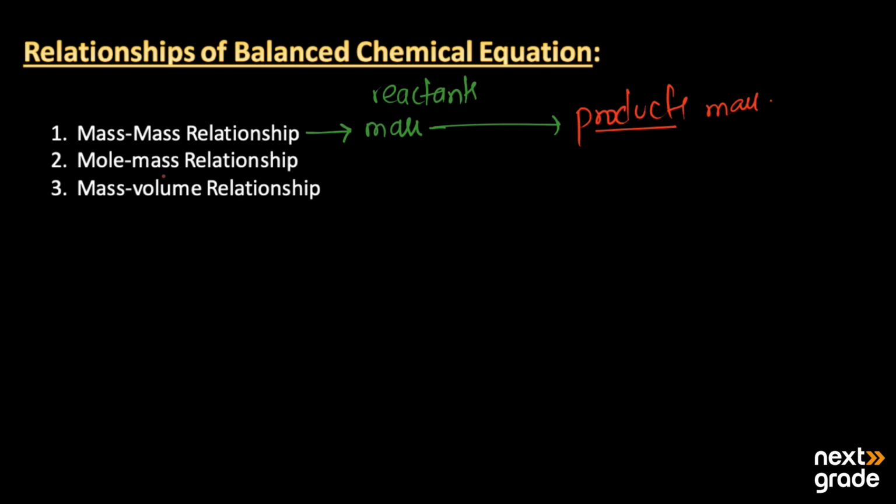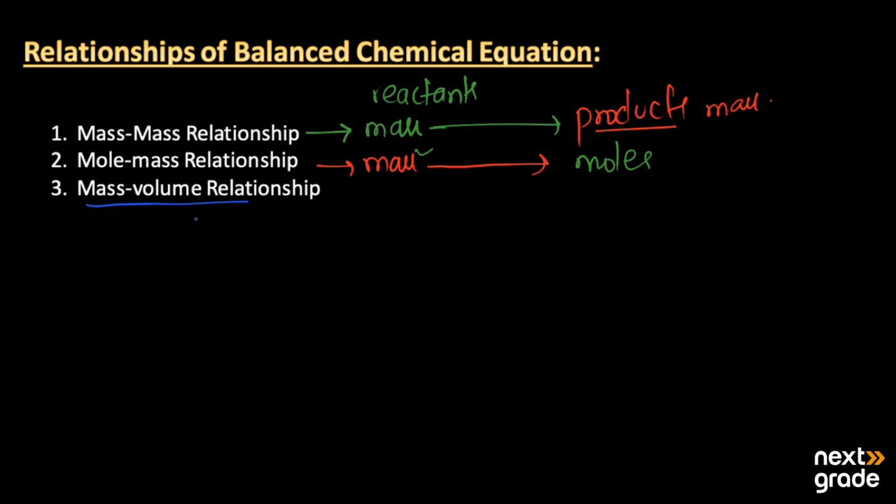Next we have the mole-mass relationship, or we can also call it mass-mole calculation. If the mass of one substance is given, then we can find its moles, or if the moles are given, then we can also find the mass. The third one is the mass-volume relationship.